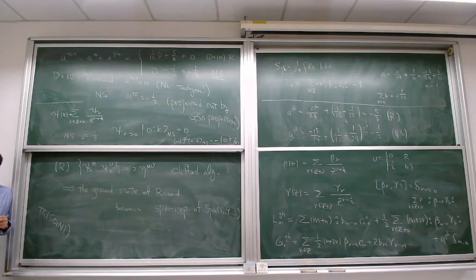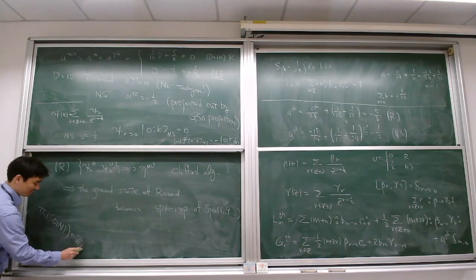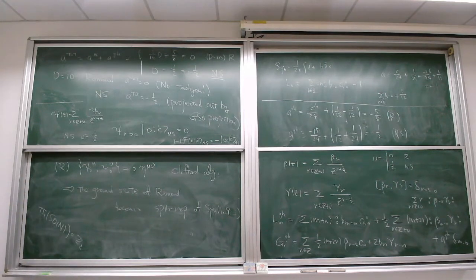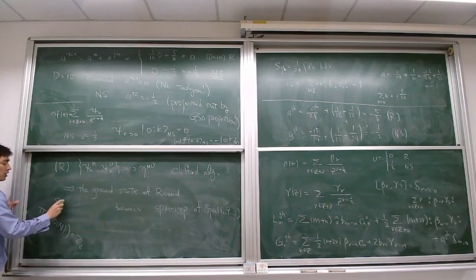So what is the fundamental group of SO(3)? Z2, good. If you just rotate by 2 pi, you won't get the original position. But if you rotate one more 2 pi, you get the original position. So SU(2) is the double cover of SO(3).